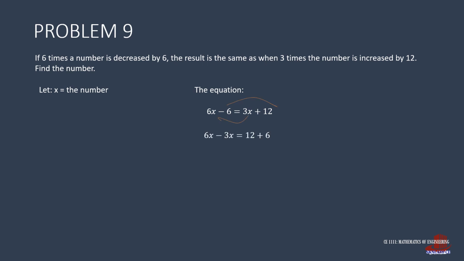Collect similar terms and place them on opposite sides of the equation. So 6x minus 3x is equal to 12 plus 6. 3x is then taken as 18. Isolate x by dividing everything by 3 and have x as 6.